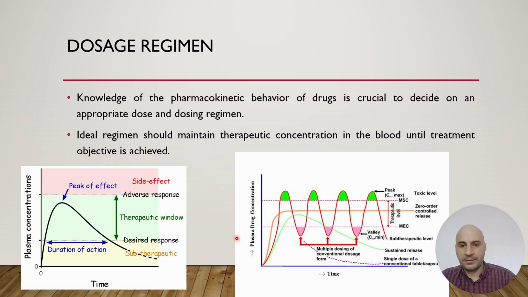Repetition of this pattern would lead to this fluctuation. We don't like fluctuation generally. We need the drug to stay in the therapeutic window as much as possible. We don't want to give it to an extent that it will have toxic effects, and we don't want the drug concentration to fall below the therapeutic effect.